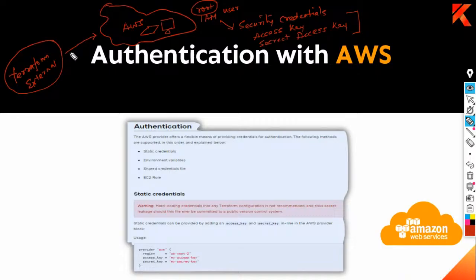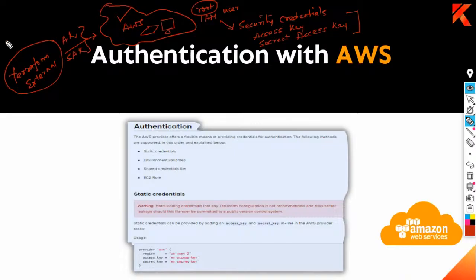So from outside, I will be authorized to use or manipulate AWS resources only if I can provide the necessary access key and the secret access key. If these two match with the security credential for that IAM user or the root user, then you are allowed to work on the AWS cloud to create and provision resources without actually being on the cloud.